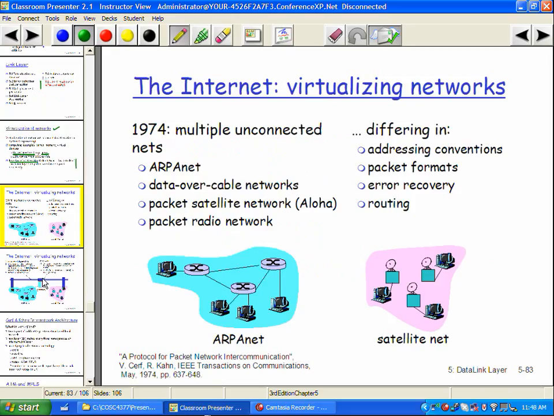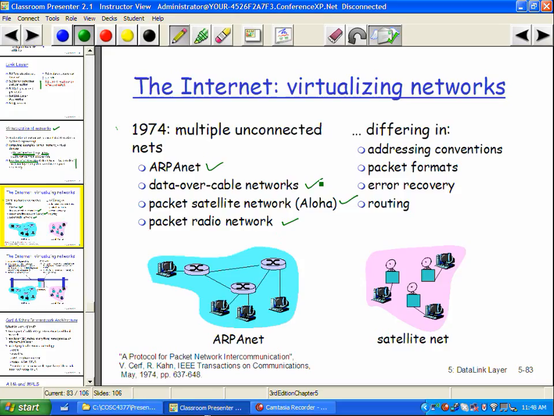Networks were quite old actually, because there were phone networks before there were computers. Somewhere in the 70s there were networks already, but they had names like ARPANET, there was Aloha, a packet satellite network, there was a radio network, and there were cable networks. And they had absolutely nothing to do with each other.